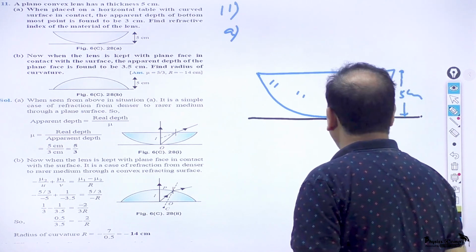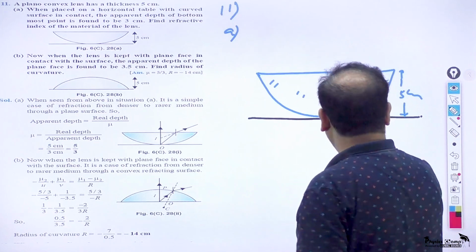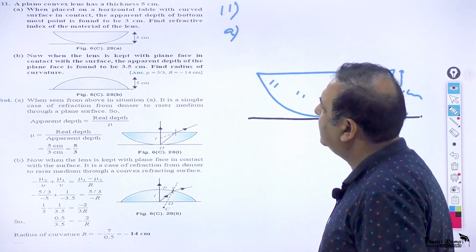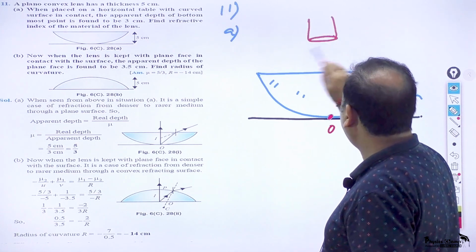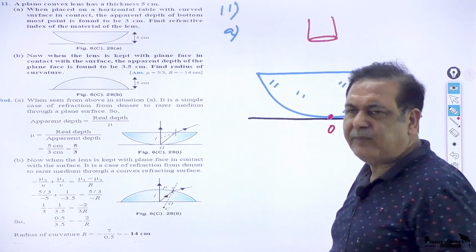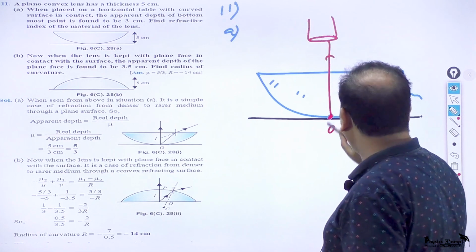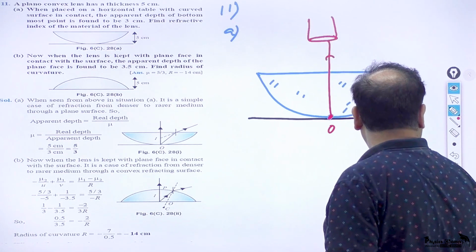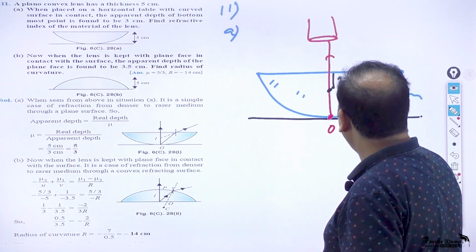And then there is an object, or maybe a point on its bottom. When you are watching it from a position such that its curved surface is on the table and it is being seen from above, its apparent depth is found to be 3 centimeter.